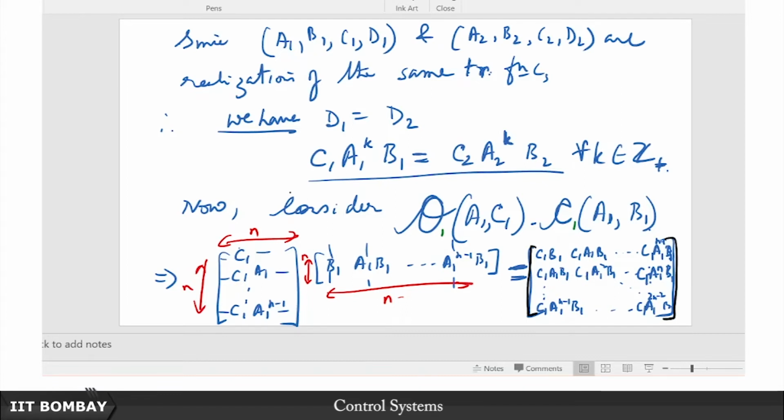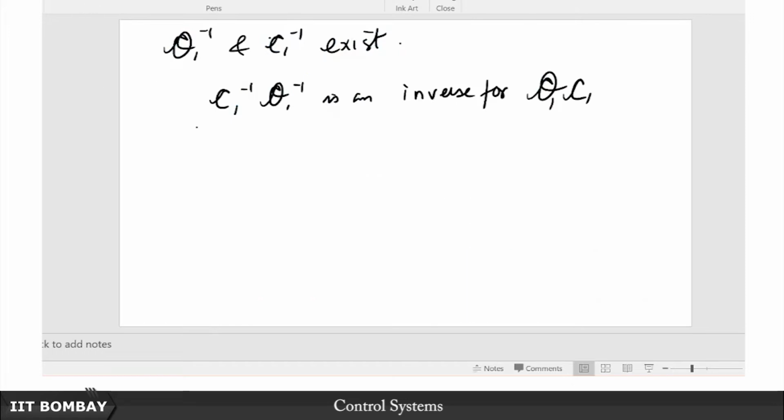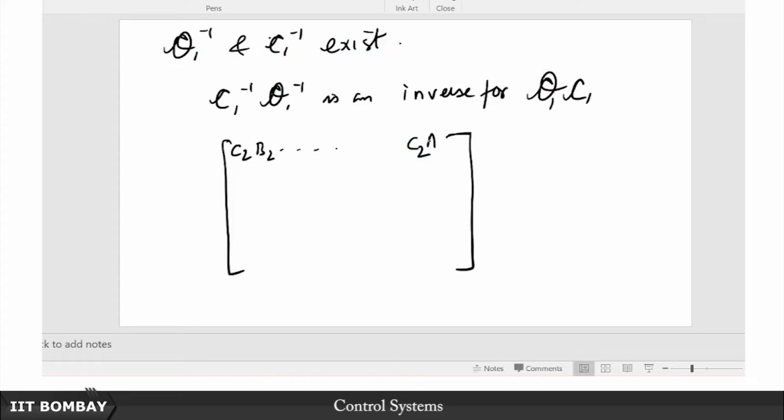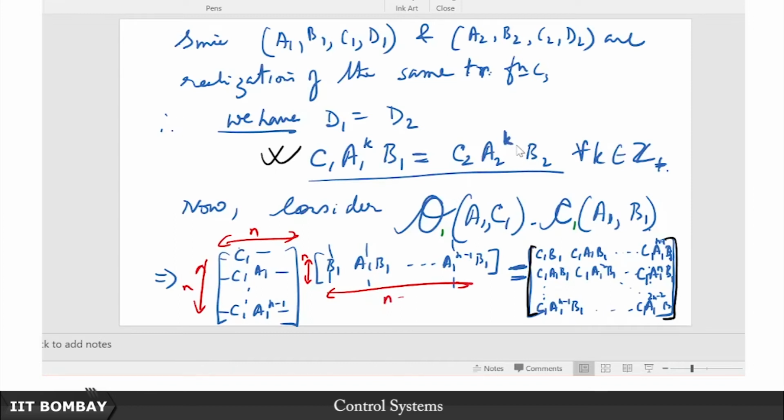But now I am going to use this fact, and I am going to replace each of those A1, B1, C1, with C2, B2, C2, A2, B2 likewise. So therefore it means that this matrix C2 B2 likewise till C2 A2 to the n minus 1 B2. Remember, this is not just true for k up to some number n or n bar, this is true for all positive integers till infinity, right.